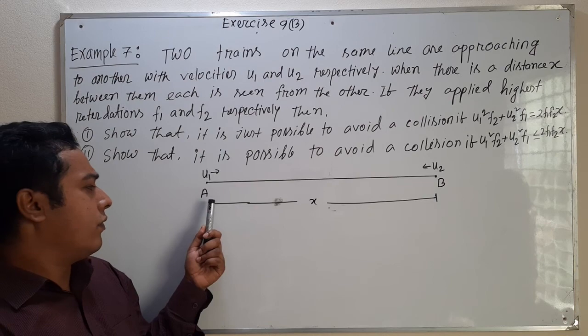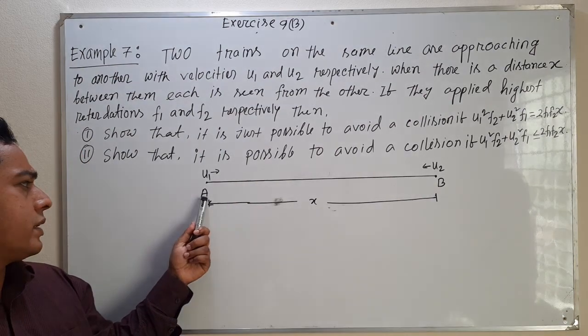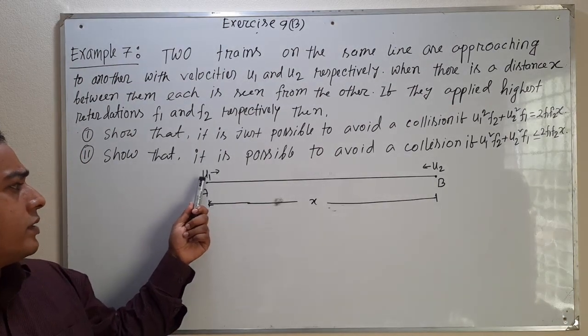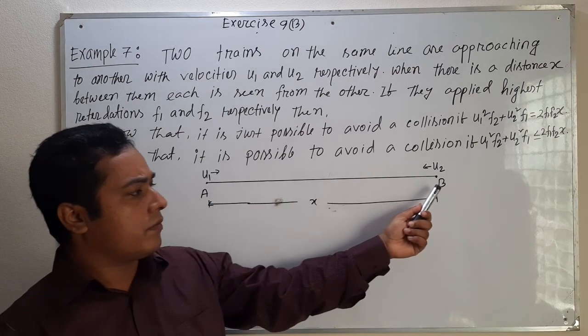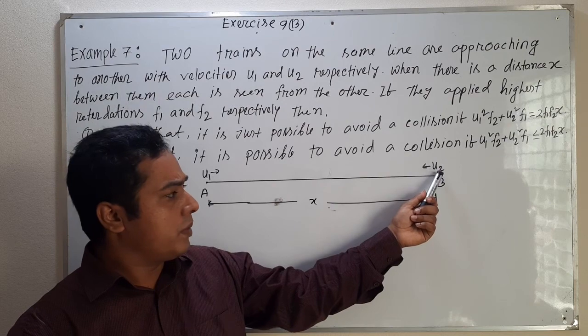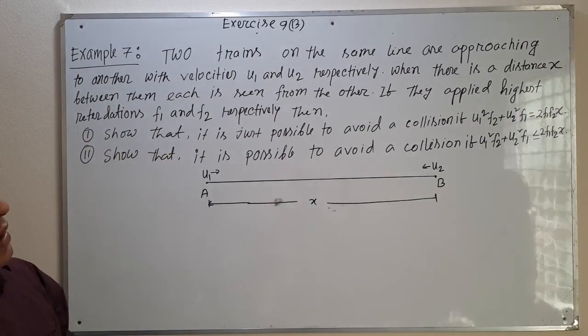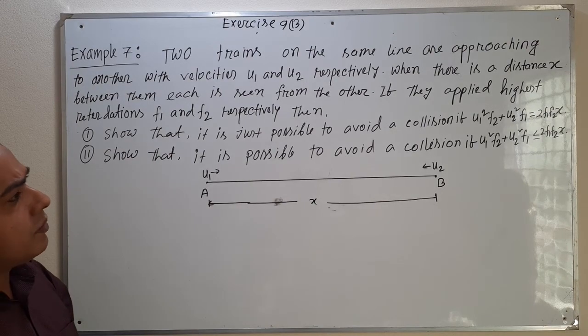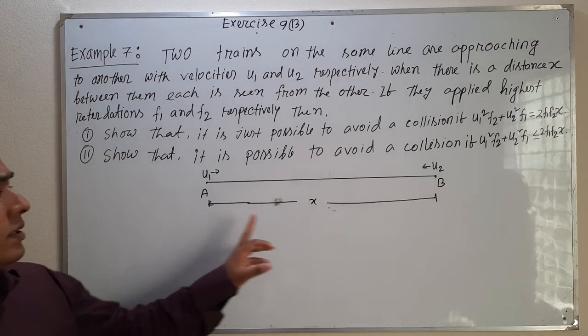The first train starts from point A with velocity u1 and the second train starts from B with velocity u2, and the distance between them, as seen from each other, is x.